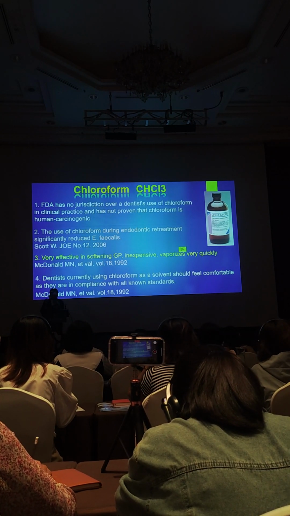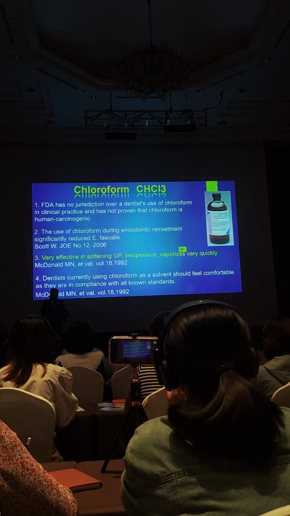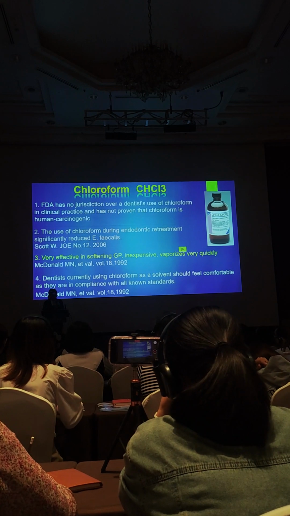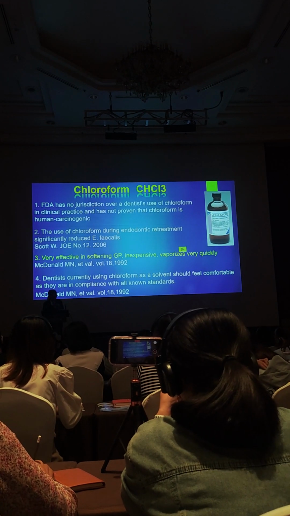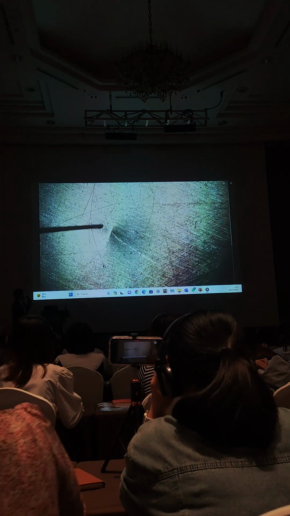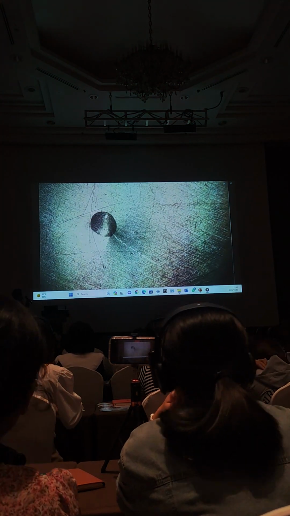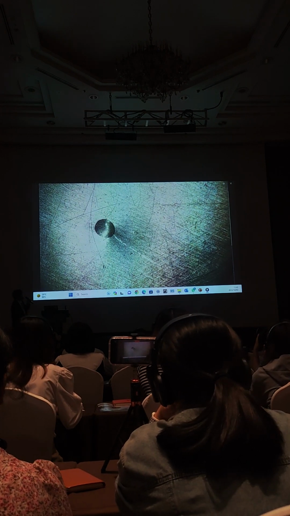You don't need lots of chloroform, you need a drop, that's all. And it will disappear in a few seconds. Look at this. This is a drop of chloroform. This is how fast it disappears.